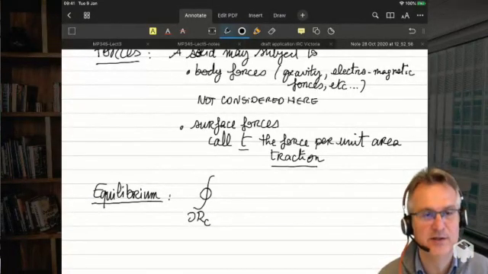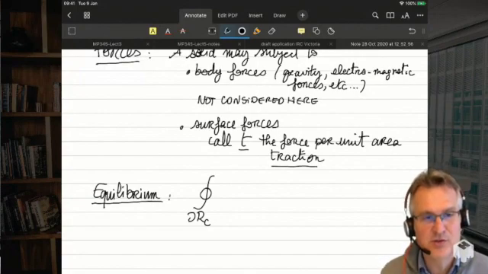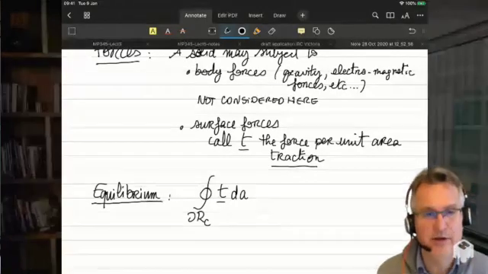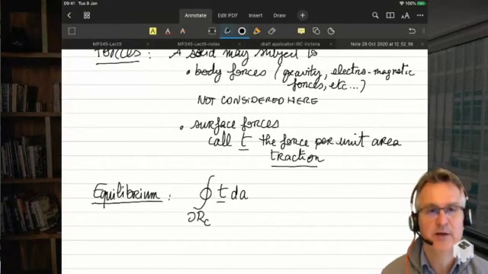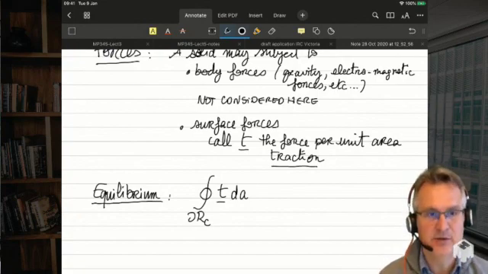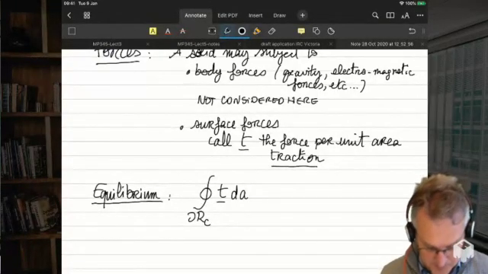And then curly ∂Ω_c. So that's the surface of my body in the current configuration. And if I sum all the forces, it's per unit area, so I need to multiply the traction by the area of a small element and then integrate over the whole surface.